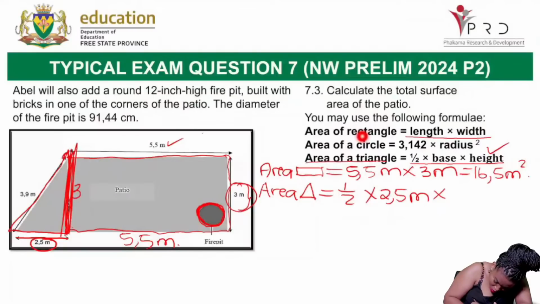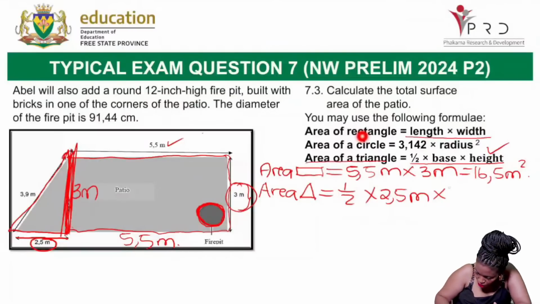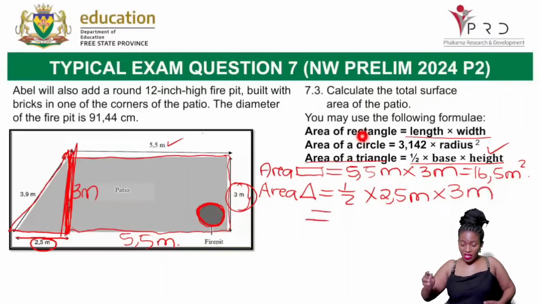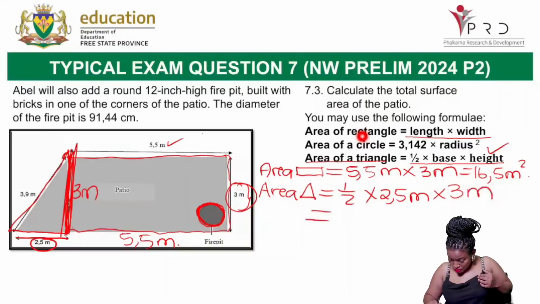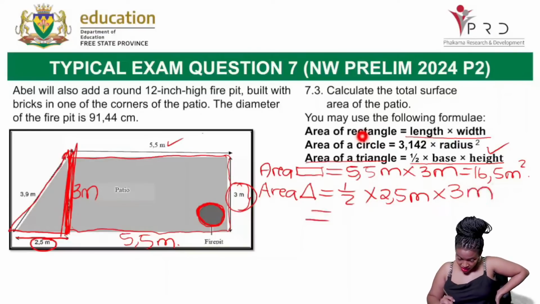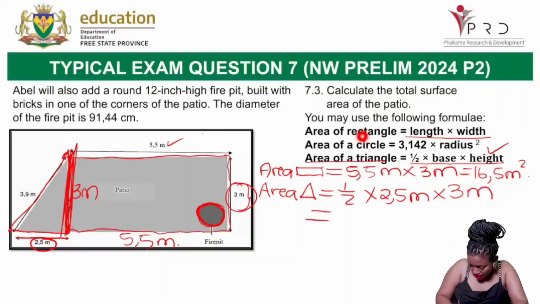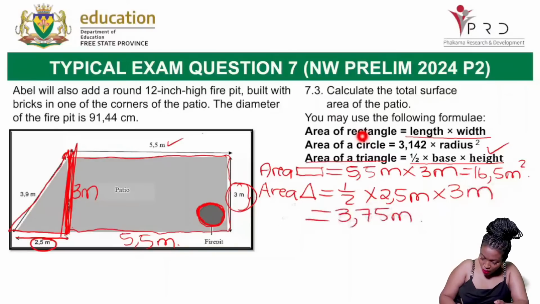So the height is actually 3 meters. So I'm going to write the 3 meters here. Then let us punch on our calculators. 0.5 multiplied by 2.5 of the base multiplied by 3 of the height. The answer is 3.75 meters.